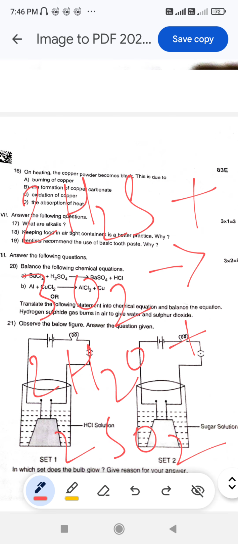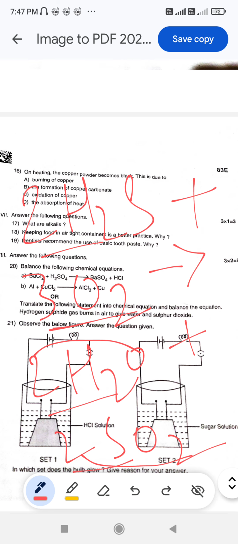See here, 4 hydrogen here, and 4 hydrogen here. 2 sulfur here, and 2 sulfur here. Again 6 oxygen here, and on the product side 2 times 2 is 4, plus 2 is 6.